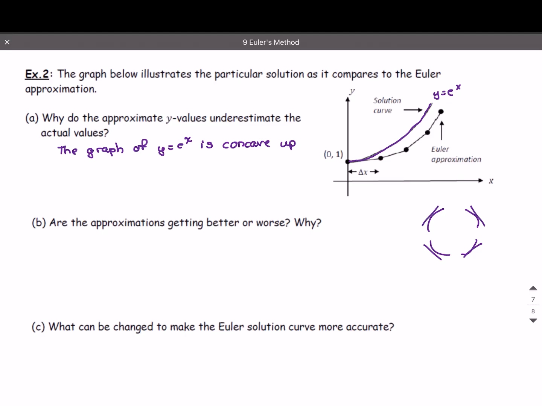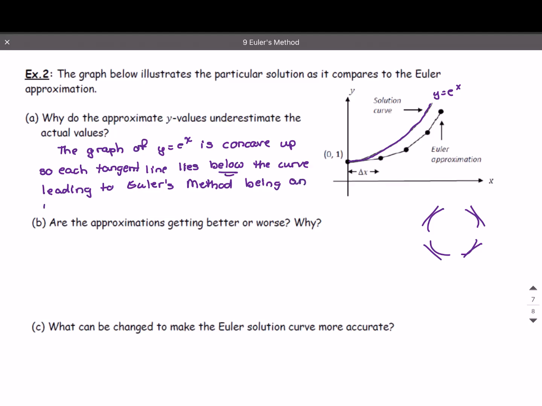So since y equals e to the x is concave up, each tangent line lies below the curve, leading to Euler's method being an underestimate.